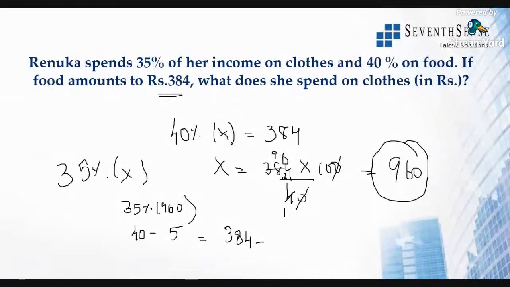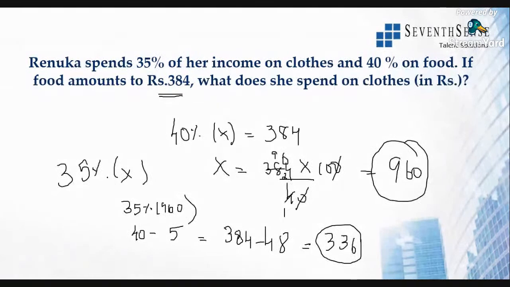So 5% of 960. 10% is 96. Sorry, 5% is 48. So 384 minus 48. What will be the answer? 380 minus 40 is 340, 4 minus 8 is minus 4, so 336. She spends 336 rupees on clothes.